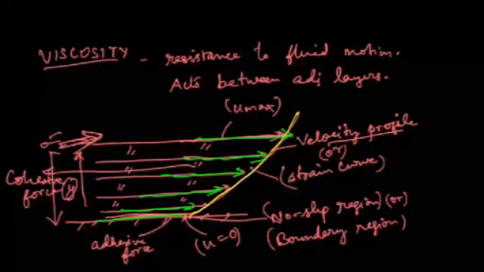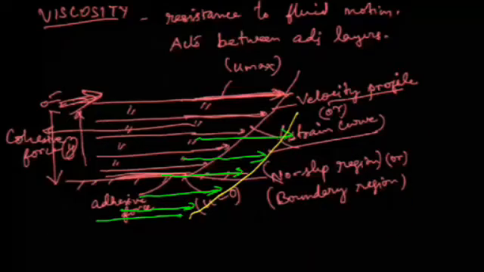Why do we call this the strain curve? Because it's also giving the idea for the displacement of the layers. The more velocity refers to more displacement, and strain basically means deformation or displacement. So we can also call the curve the strain curve.